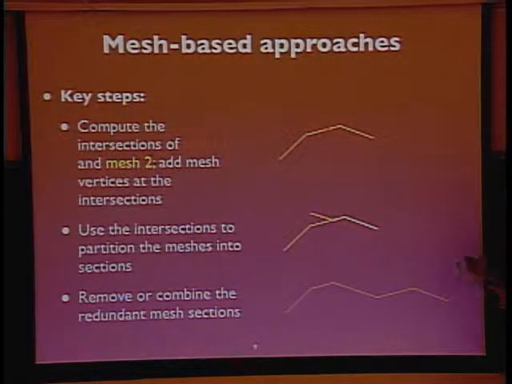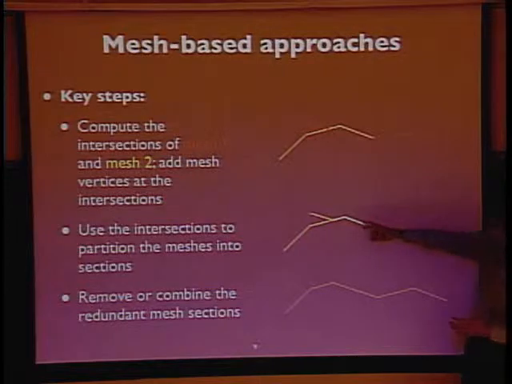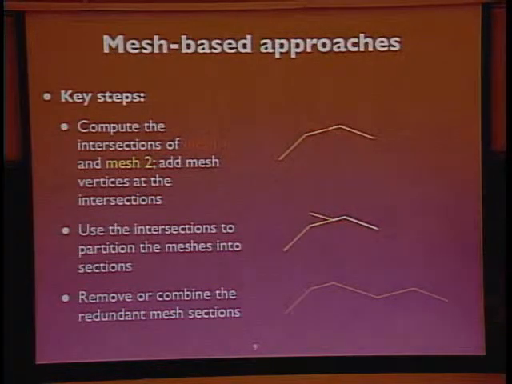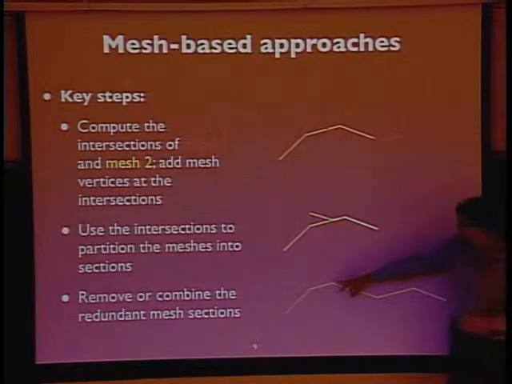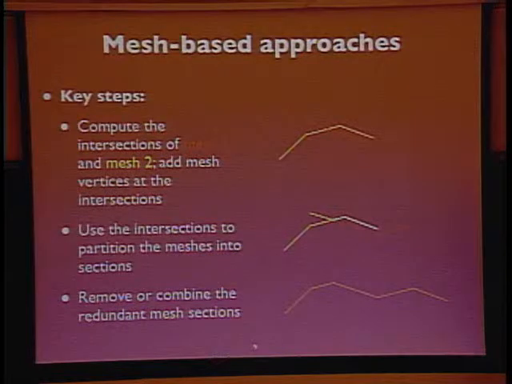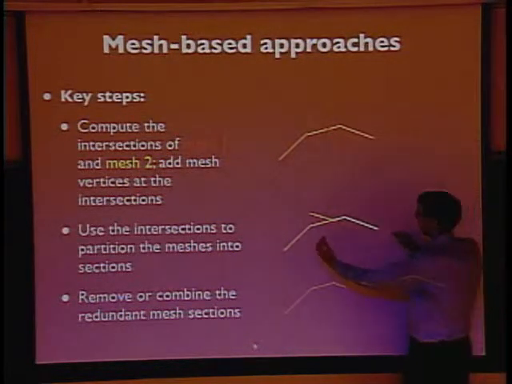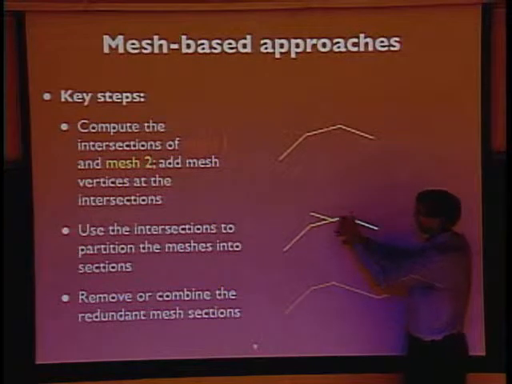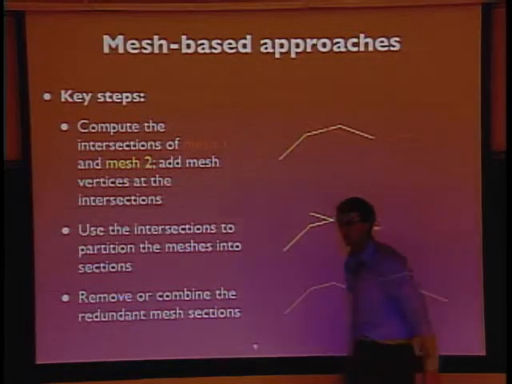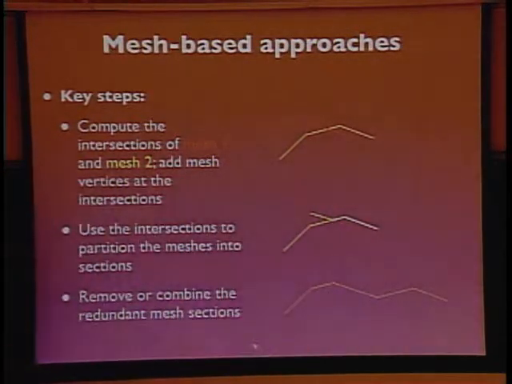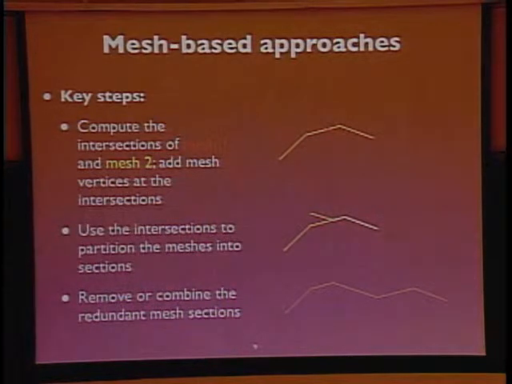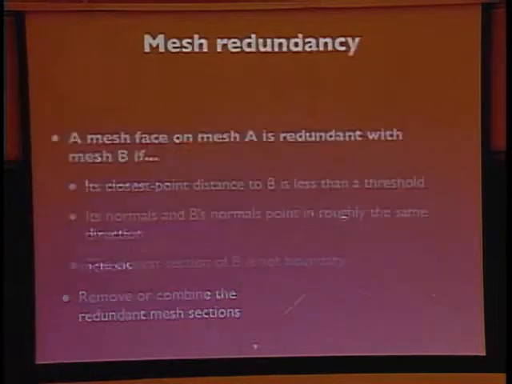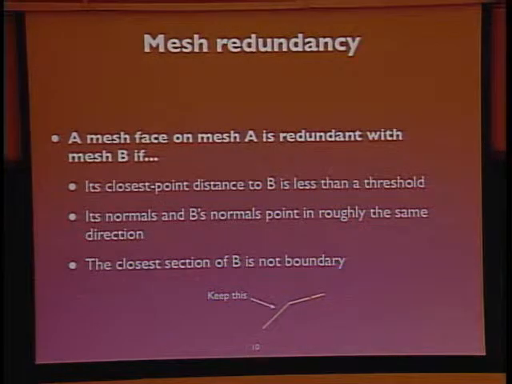So if you do that and you're successful, you can figure out that the green part and the cyan part are redundant, remove them, and then combine the meshes together at these intersection points. So that's if you're successful at doing that. Again, this is the analogy of two pieces of fabric coming together. You sew them together, and then you cut off the extraneous fabric. So this is all quite simple in principle. It's actually kind of a bear to implement in practice.